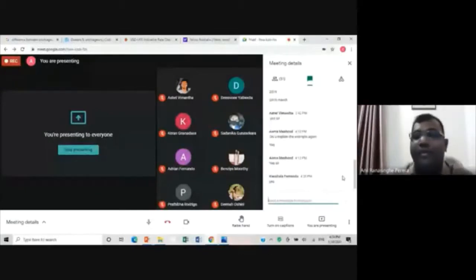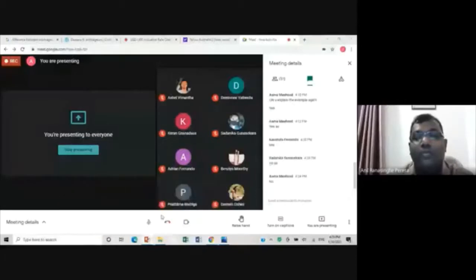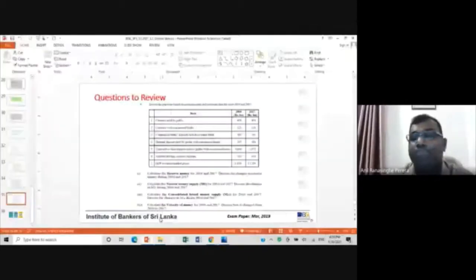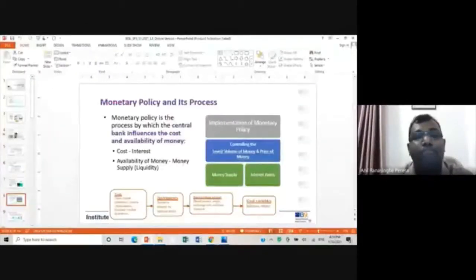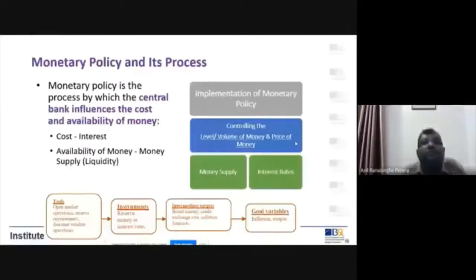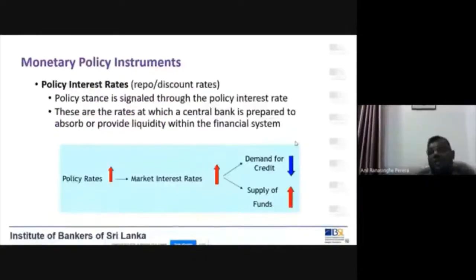Okay. Right. Now let's look at these tools one by one. First one, policy interest rates. Policy interest rates means monetary policy interest rates. So these rates are actually named as repo rates, discount rates.